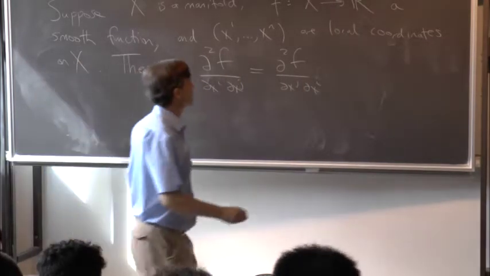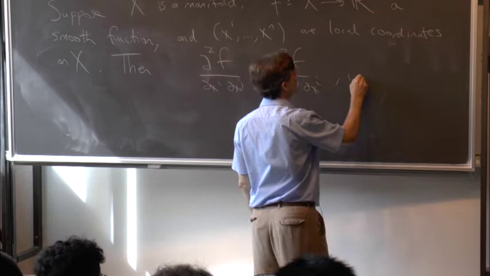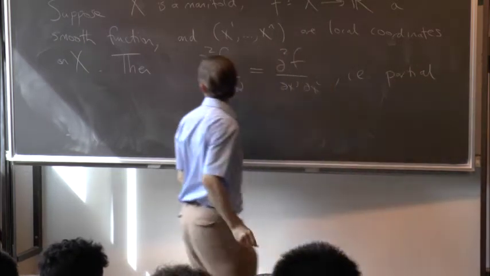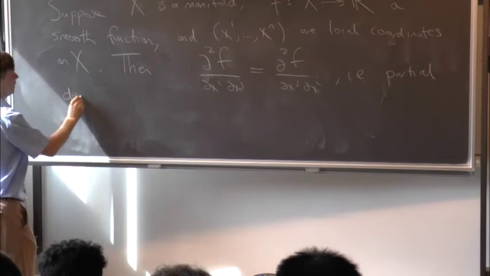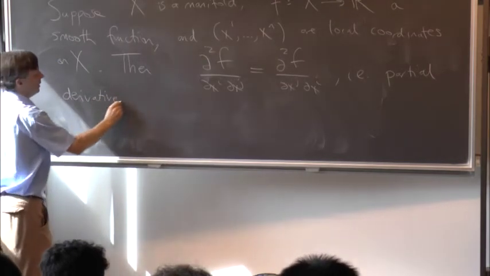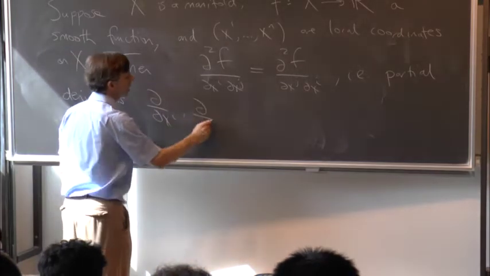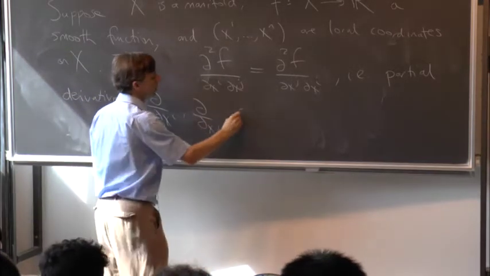So in other words, partial derivatives ∂/∂x^i and ∂/∂x^j commute.